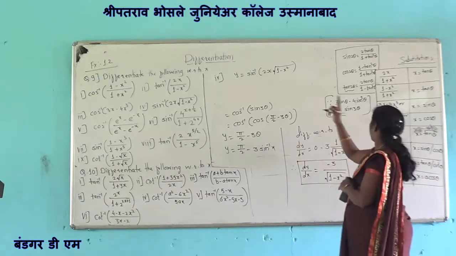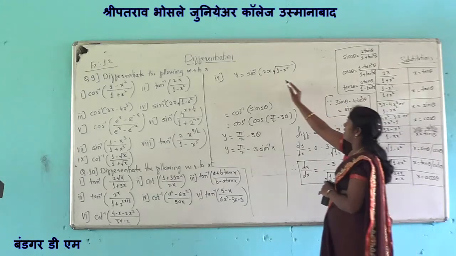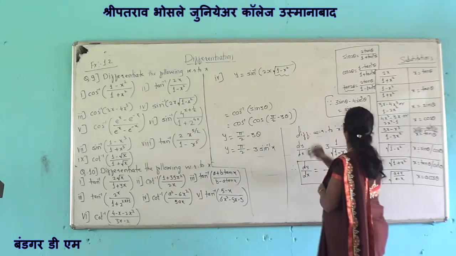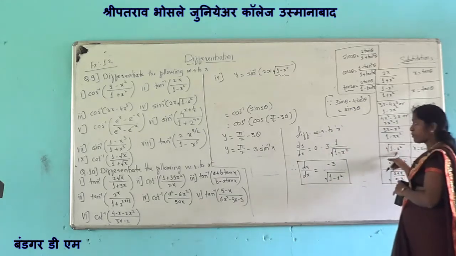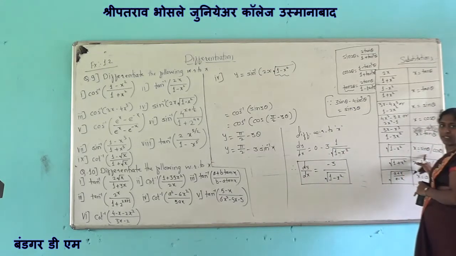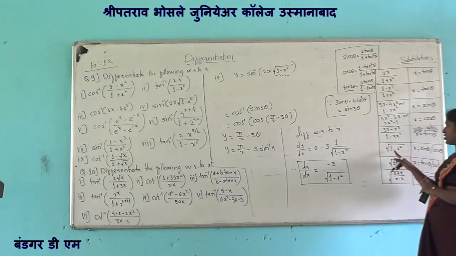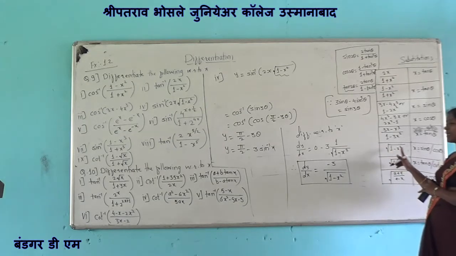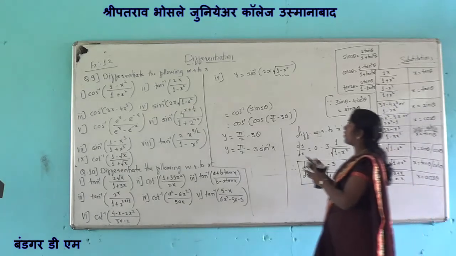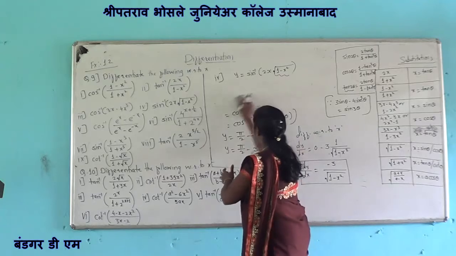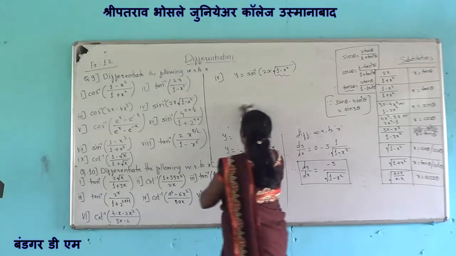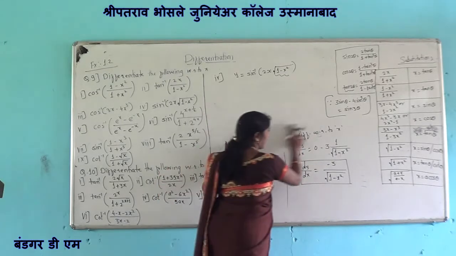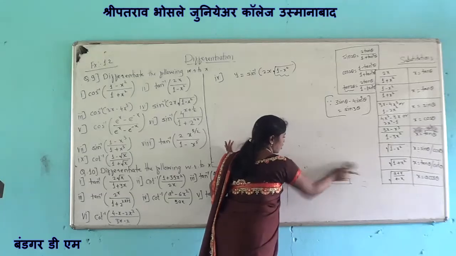Now, when there is 2x and under root 1 minus x square, we have to replace x by sin theta or cos theta, since we get 1 minus sin square theta as cos square theta, or 1 minus cos square theta will be sin square theta. So we can use the formula here. So replacing x by sin theta, or we may write x as cos theta.